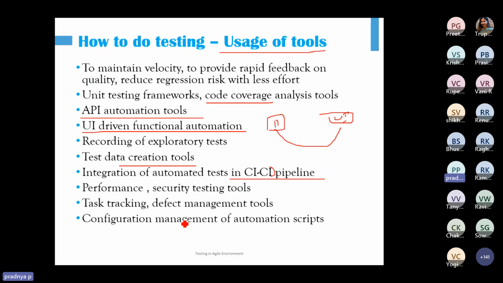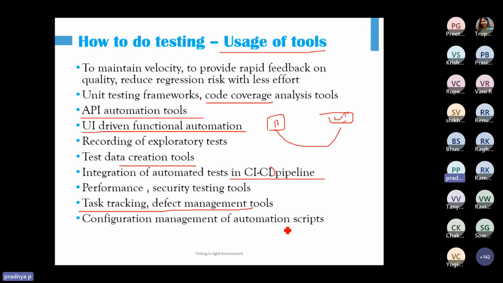Non-functional testing tools will be required. For task tracking, we can use tools like Jira to track the tasks that are part of the sprint. Every defect that we log in, even though we are saying it's an informal way of working, still the defect data needs to be uploaded, because if some defects are not resolved, you need to move them back to the product backlog. So defects need to be tracked.